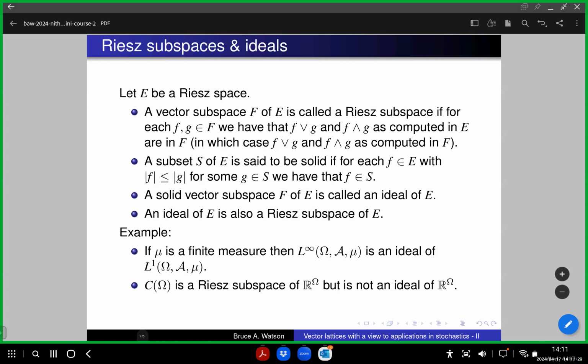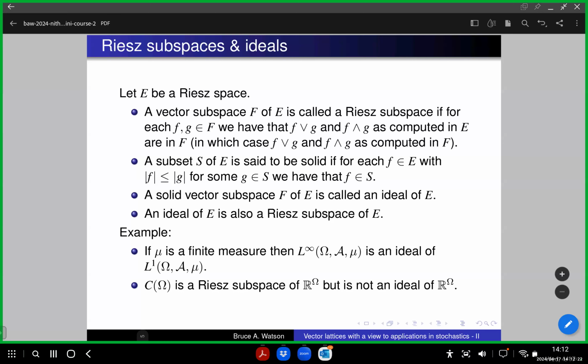So if we take F, a vector subspace of E, we call it a Riesz subspace if for each pair of elements f and g from our vector subspace, we have that the supremum and infimum of f and g, as computed in our original space E, are again elements in F, which automatically then gives us that the supremum and infimum of f and g, as computed in F, are again the supremum and infimum of f and g as computed in E. So the two manners of computing the supremum and infimum also coincide.